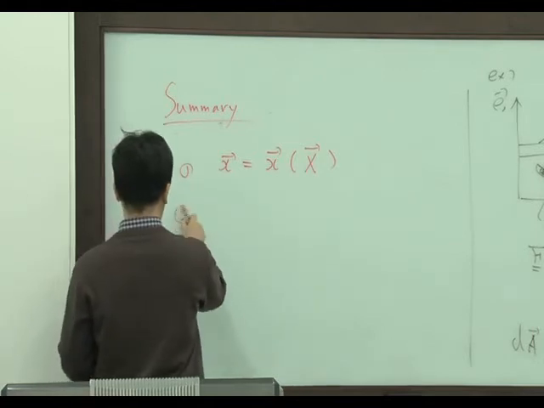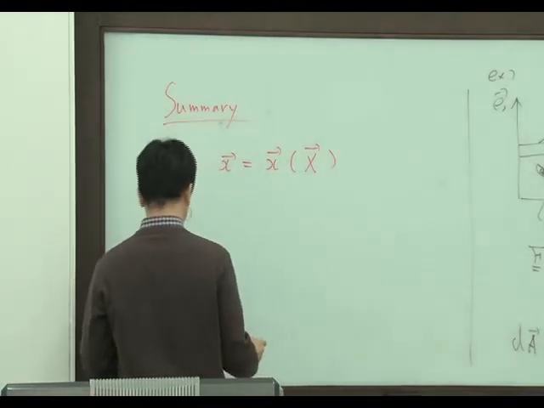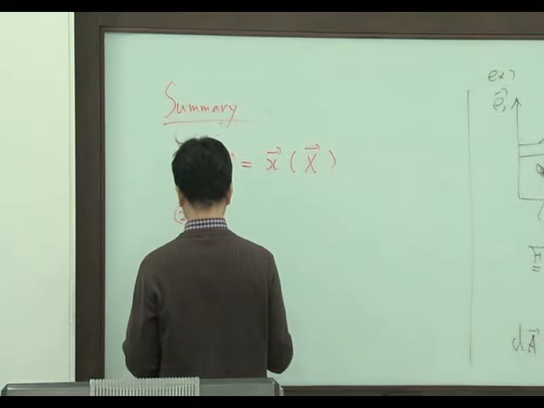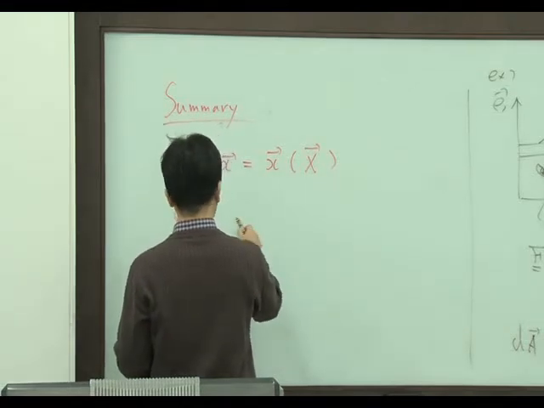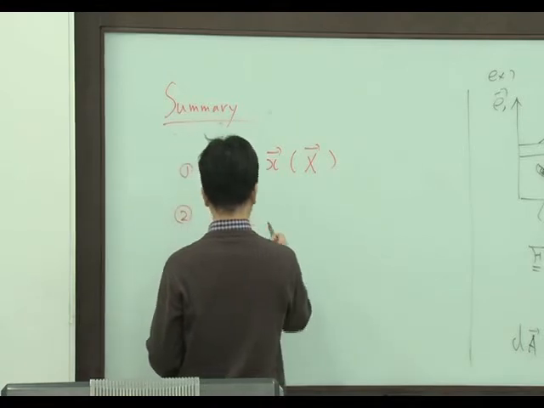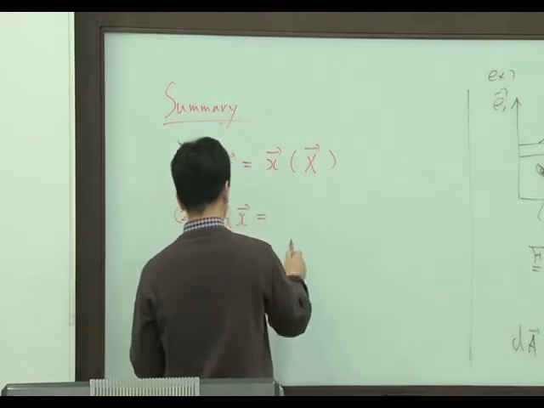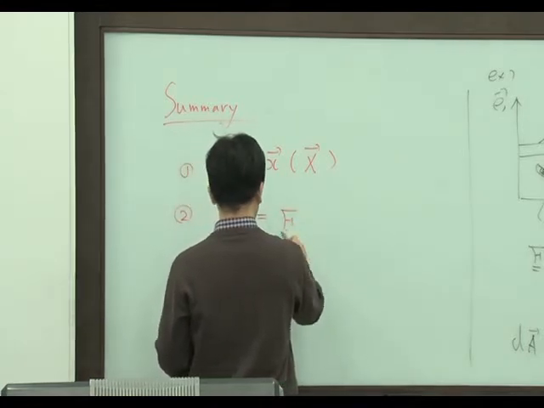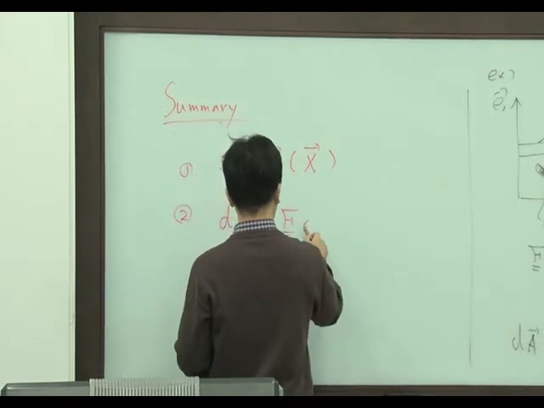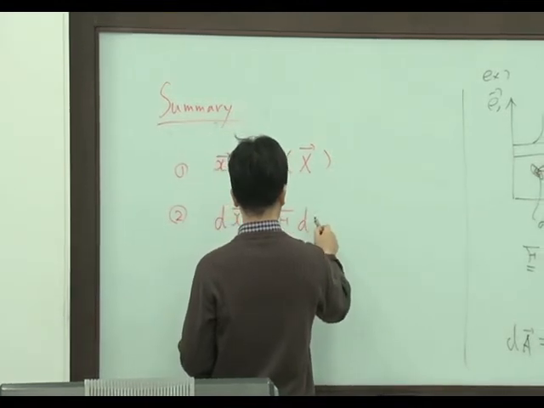And second, from this mapping, we can find the relation between material vectors, F, and we defined F, the deformation gradient tensor.